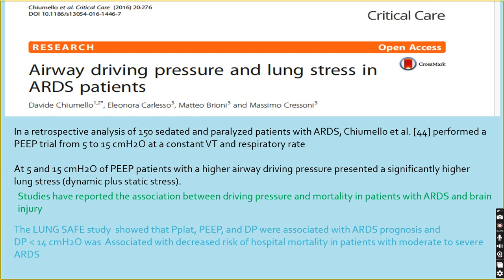LUNG SAFE study showed that PEEP, plateau pressure and driving pressure were associated with ARDS prognosis, and driving pressure less than 14 centimeter of water is associated with decreased risk of hospital mortality in patient with moderate to severe ARDS. So keeping driving pressure less than 14 was beneficial, proved in this study. Next slide.